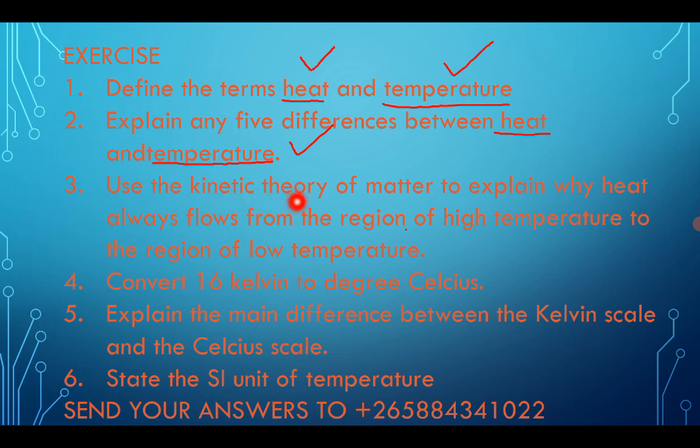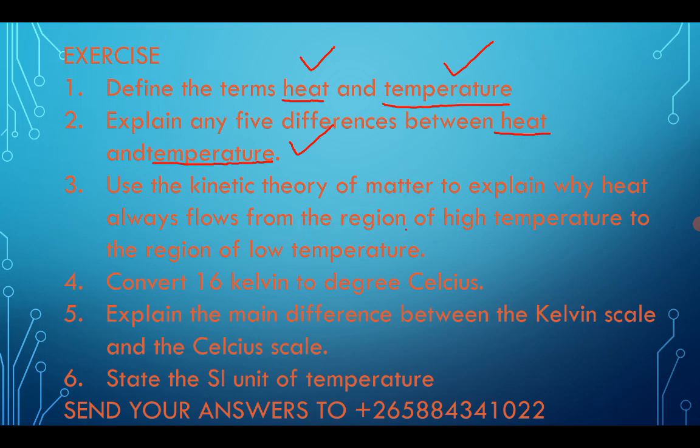But then we are looking at what happens. One end, you have high temperature there, the other end, you have low temperature there. The behavior of the particles can be used to explain why heat always flows from the region which is at high temperature to the region which is at low temperature. So can you apply the kinetic theory to solve this particular problem?